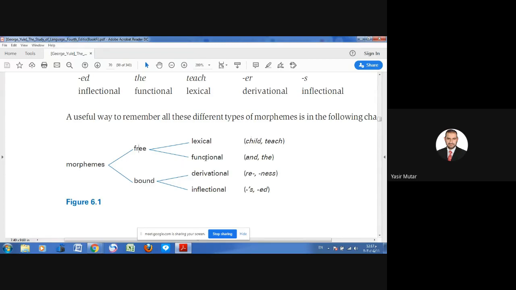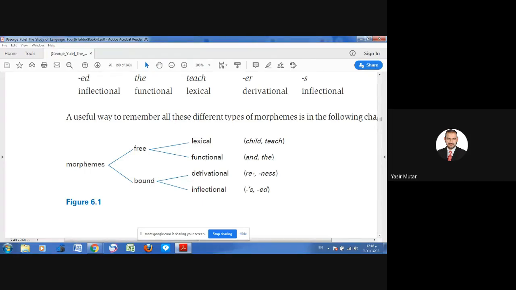But I cannot add new functional free morphemes to the language. Why? They are related to the closed class words. They are mainly pronouns, prepositions, articles, conjunctions, adverbs.